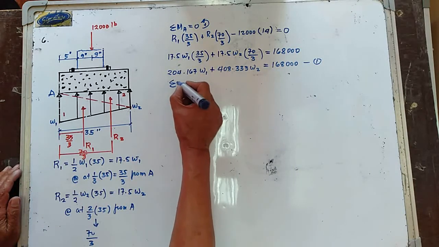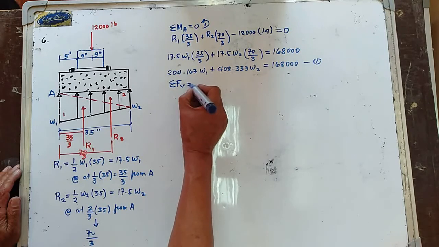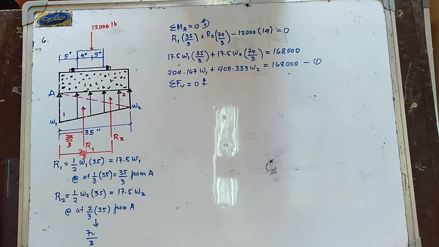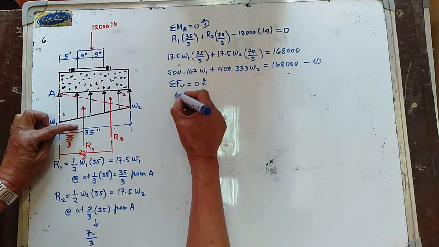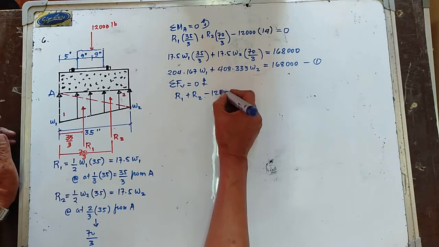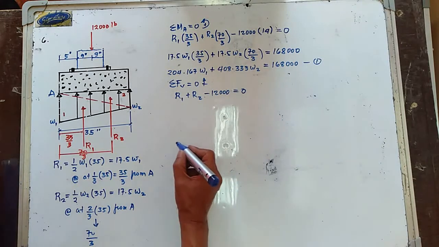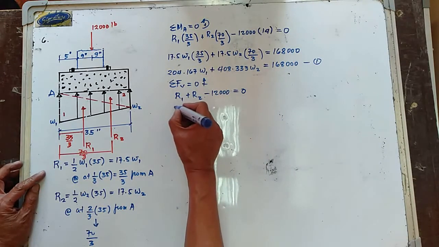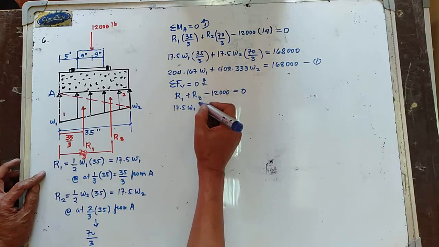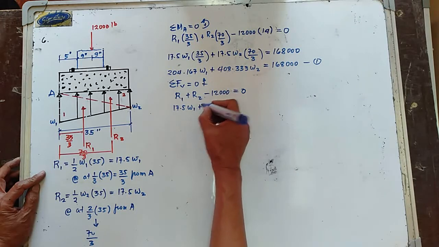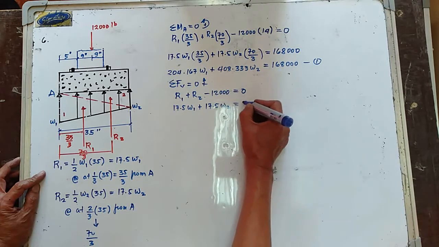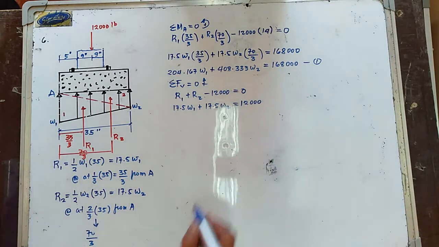Next, summation of forces vertical is equal to 0, upward forces positive. So we have R1 plus R sub 2 minus 12,000 is equal to 0. So your R1 is 17.5 W1 plus R2, 17.5 W2, is equal to 12,000.